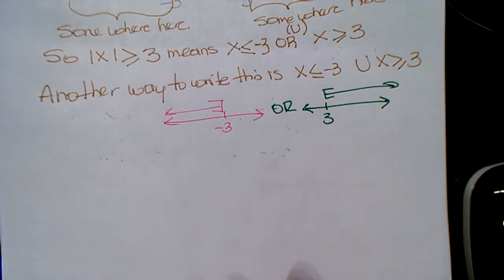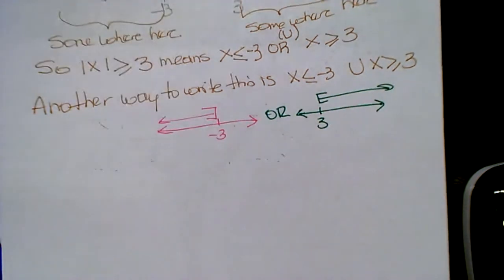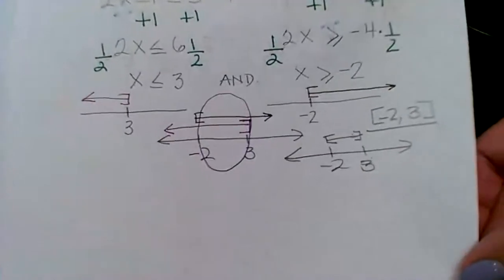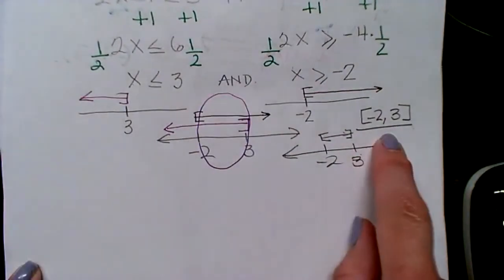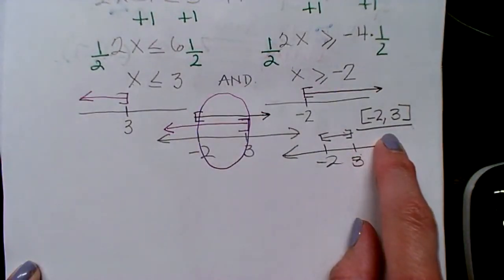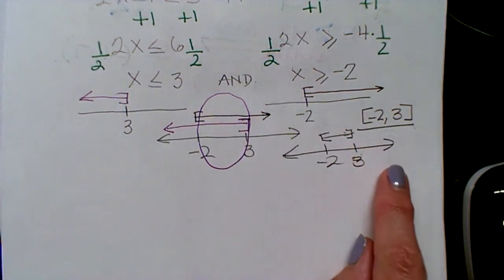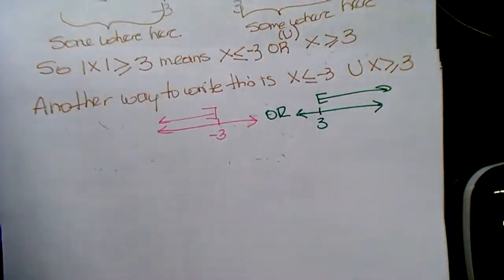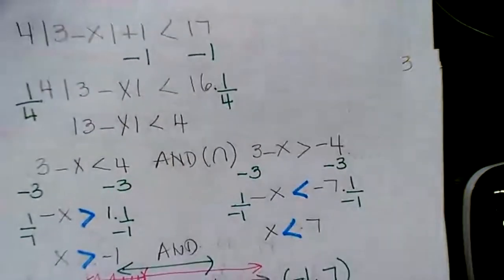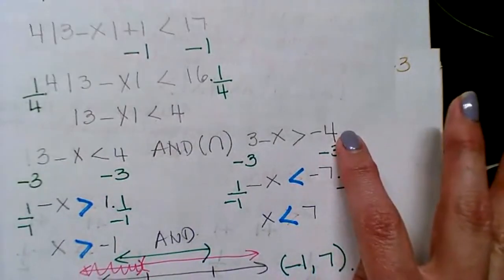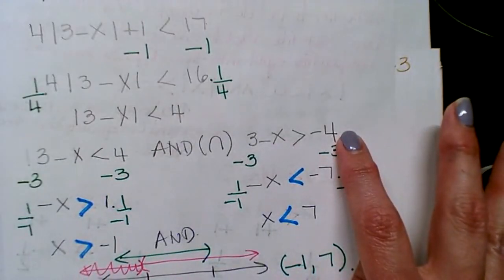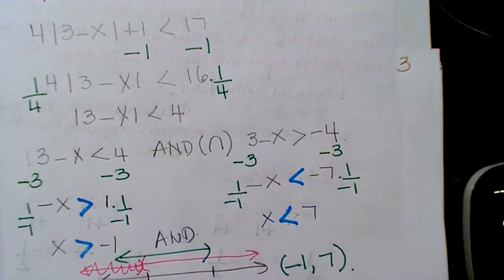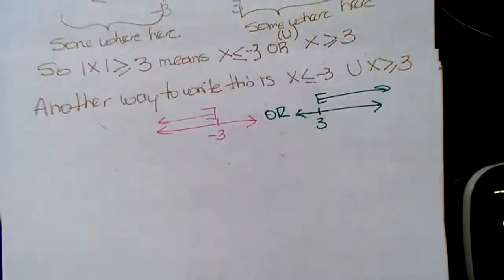We can graph the solutions like we just did here, and we can also write them in interval notation. And don't forget that when we solve for negative quantities, like this one, we always flip the sign. But I'll show you more examples.